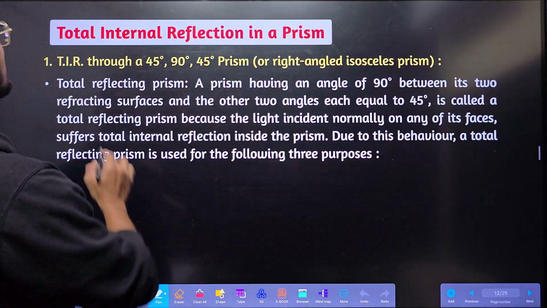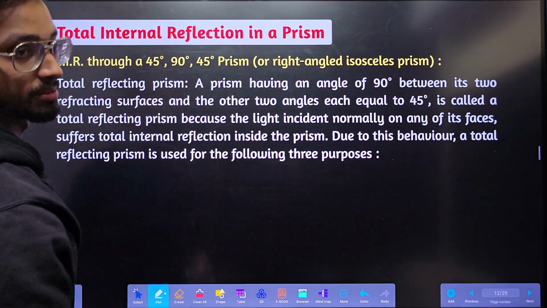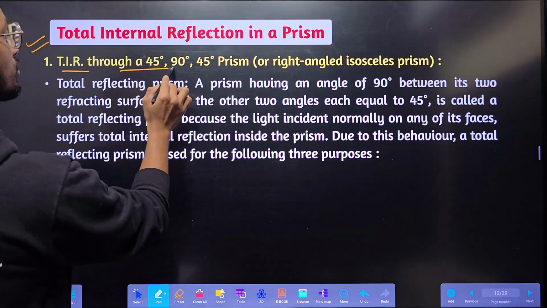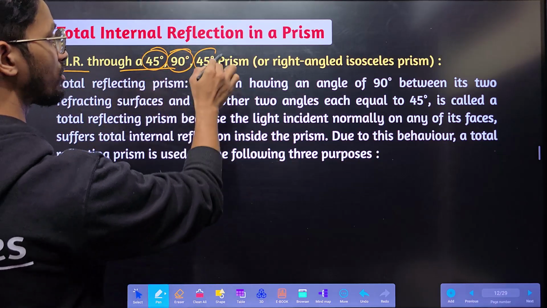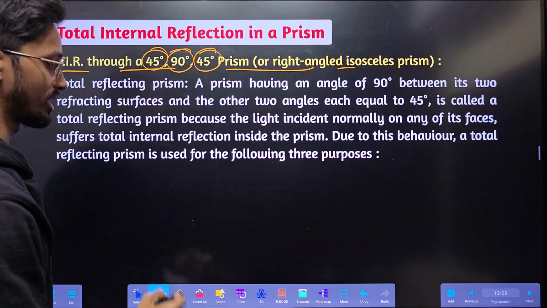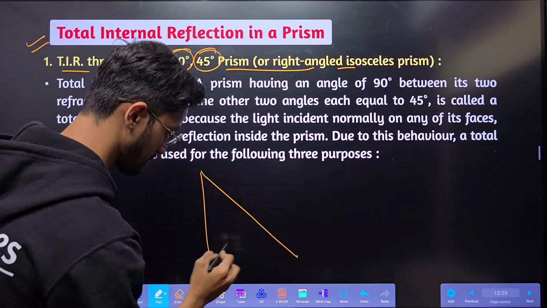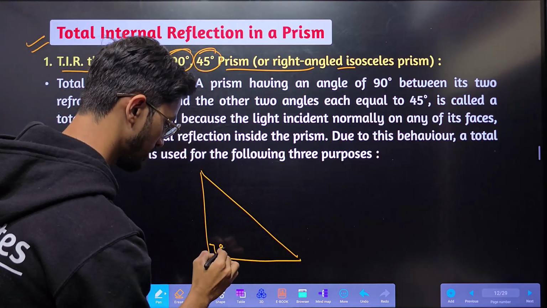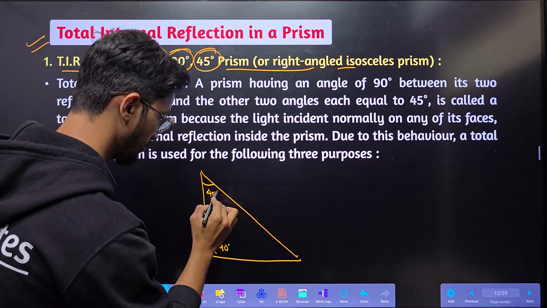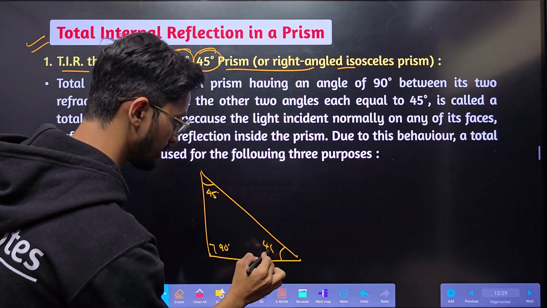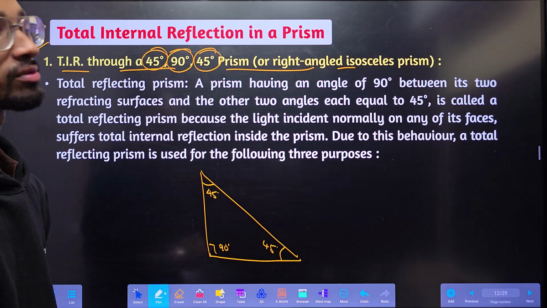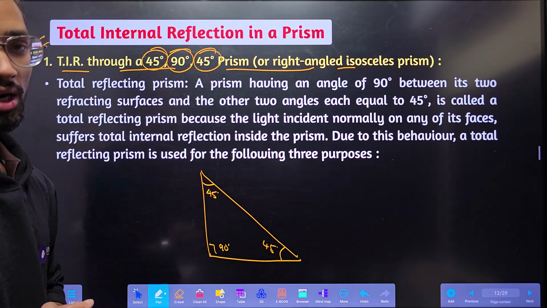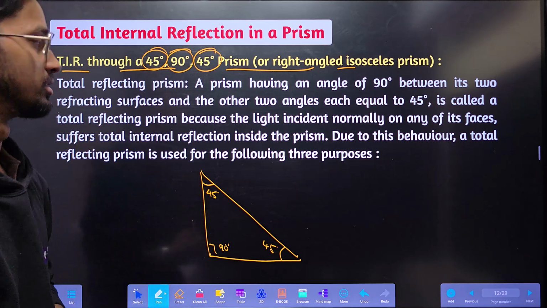Okay, next, total internal reflection in a prism. TIR through a 45 degree, 90 degree and 45 degree prism, or a right angle isosceles prism like this, 90, 45 and 45 degree. So what are the types of total internal reflection we can see in this?